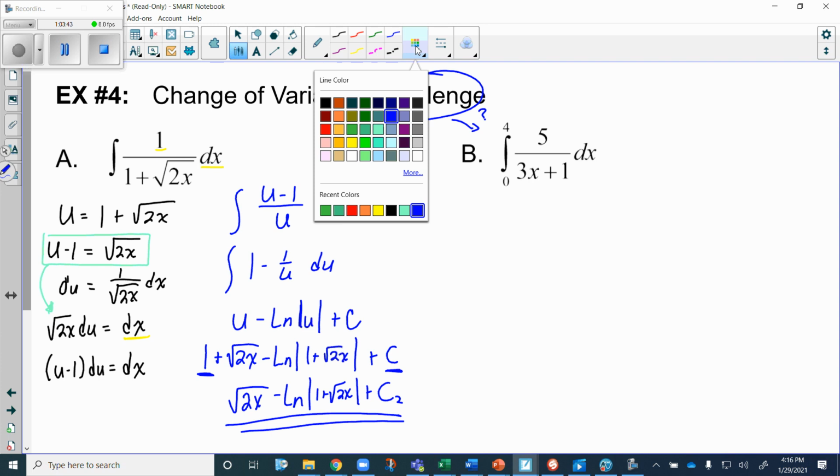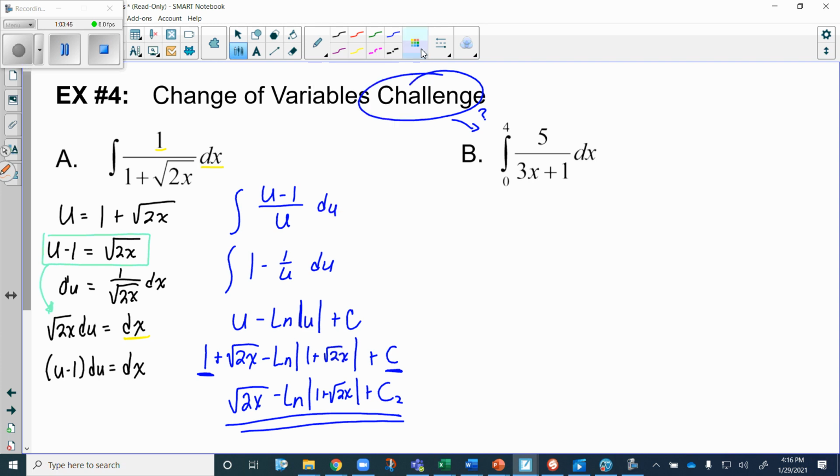Let me get a new color. Here I'm going to let u be the denominator, 3x plus 1. If I take the derivative of that, du, I'm going to get 3 dx. The 3 dx doesn't quite match what we have here, and it's definitely not going to match with this 5, but the 5 can be pulled out as a constant.